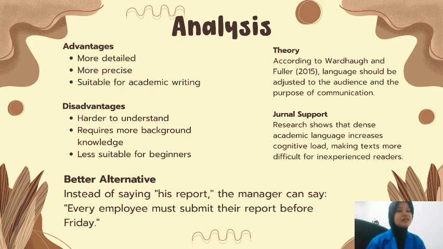Complex language is useful in formal or academic writing because it provides more detailed information. However, it may confuse readers who are unfamiliar with the topic. For this reason, speakers and writers should choose a level of complexity that is appropriate for their audience.